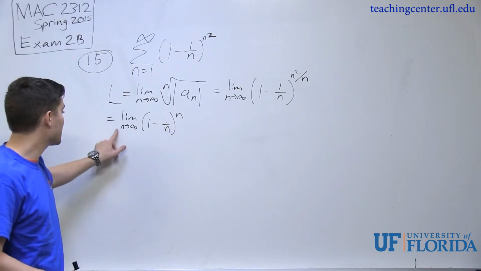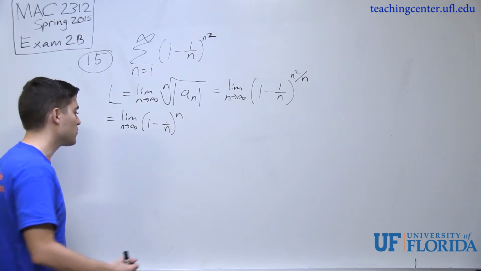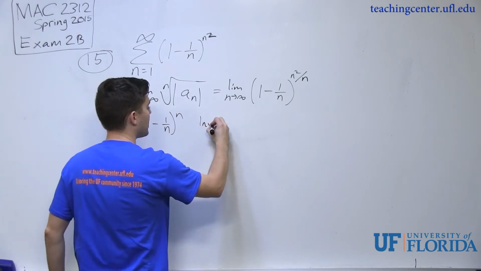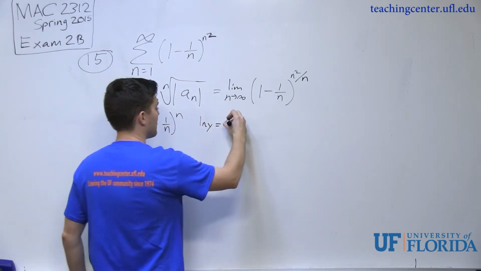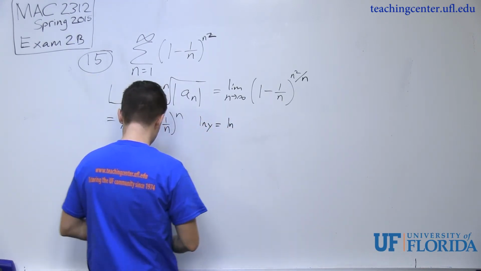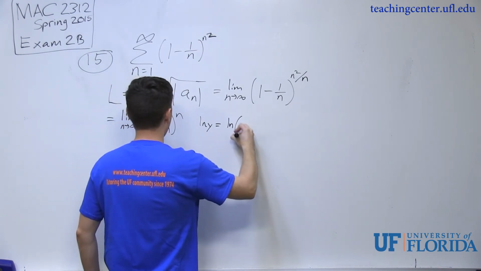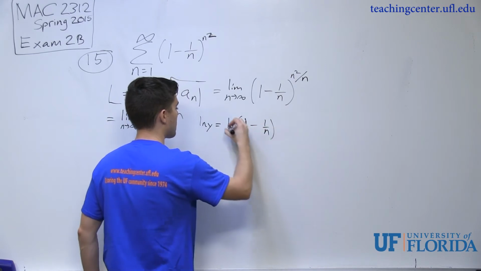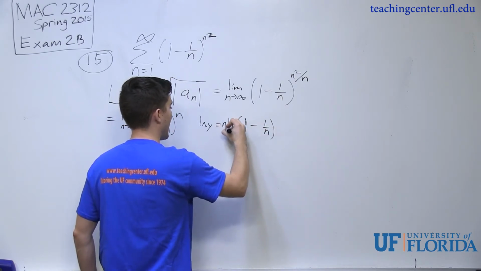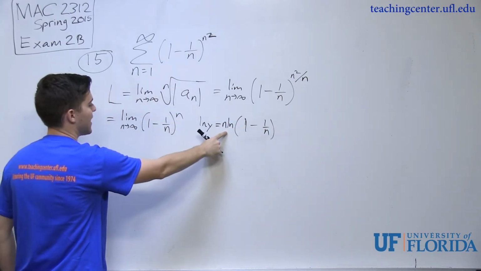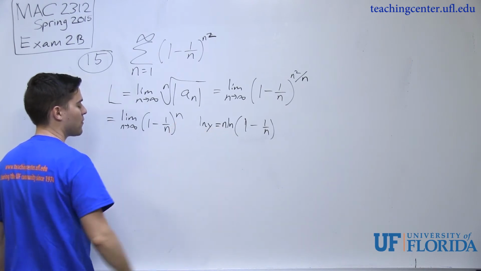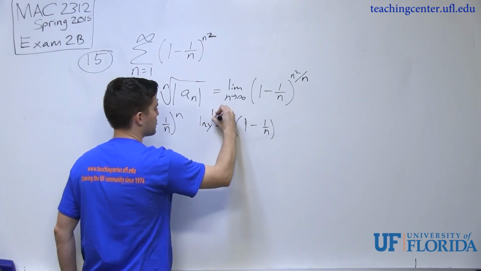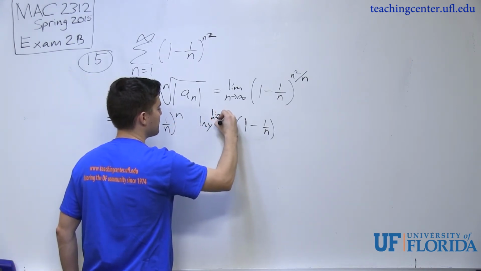So what I'm going to do is take the natural log of both sides. So ln y is equal to the natural log of 1 minus 1 over n, times n out front. When I take the natural log of something, I can bring the exponent down in front. And also don't forget, we're still taking the limit as n approaches infinity.